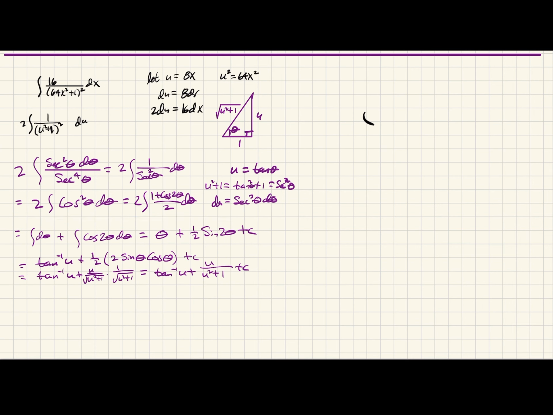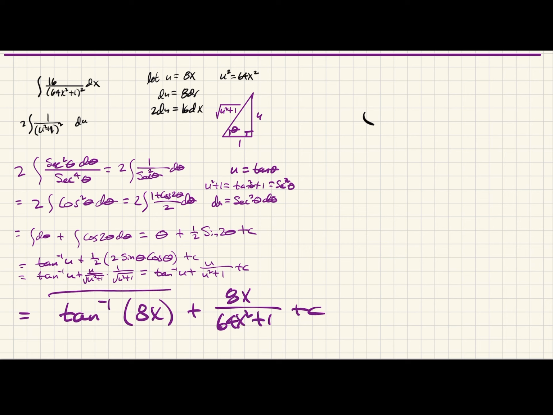So this becomes inverse tangent. Okay, now let's see. What was u? 8x. So inverse tangent 8x plus 8x over 64x squared plus 1 plus c. And there we go. I think we did it.